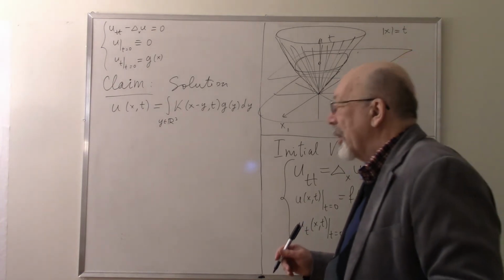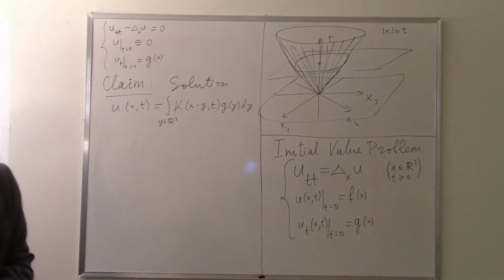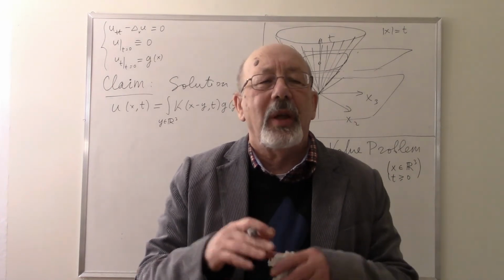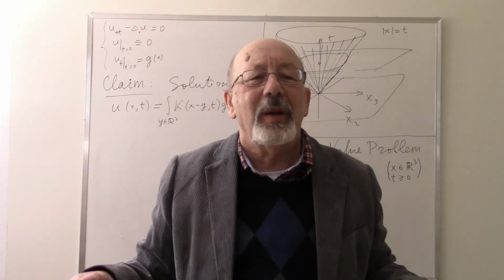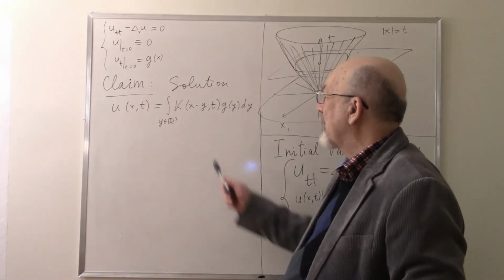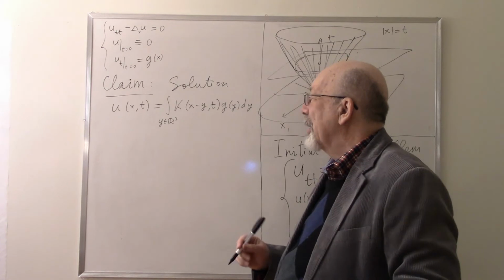If you recall the solution of the Laplace equation, the Poisson equation in the whole space, then we had a similar formula. Instead of this k was the Poisson kernel, and t was absent.